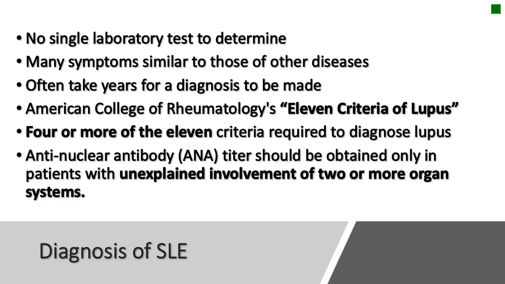Now, one of these tests is known as an anti-nuclear antibody titer, the ANA test. It should be obtained only in patients with unexplained involvement of 2 or more organ systems. So don't jump the gun, don't send a patient straight away for this particular test, because as we'll see later, it can mislead.